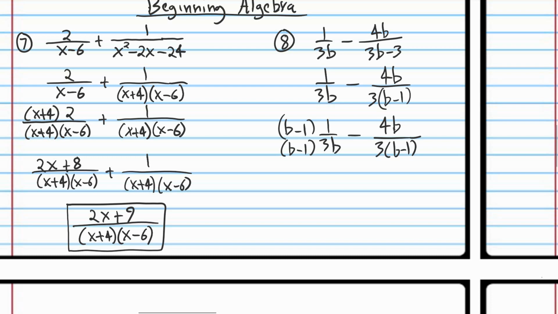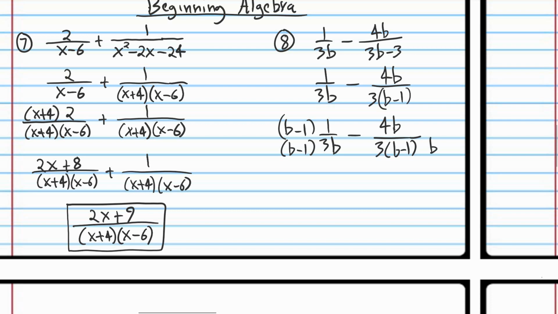And so now we have a 3b and a b minus 1. So we have 3 things. We have a b, a 3, and a b minus 1. Those are all factors. So now we need those same 3 factors over here. We have the b minus 1 and we have the 3, but we don't have the b factor.